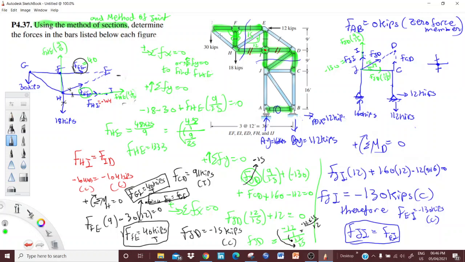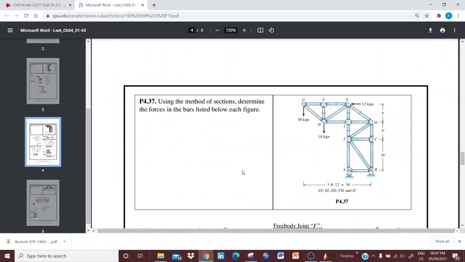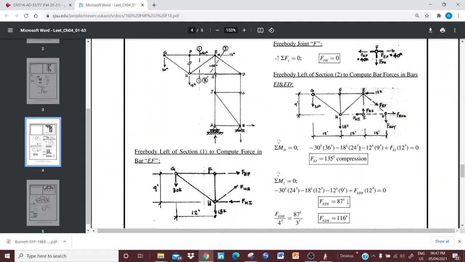Let's try to check if it's right or not. So found it, FHE is equal to 133.3. So let's go into the solution.